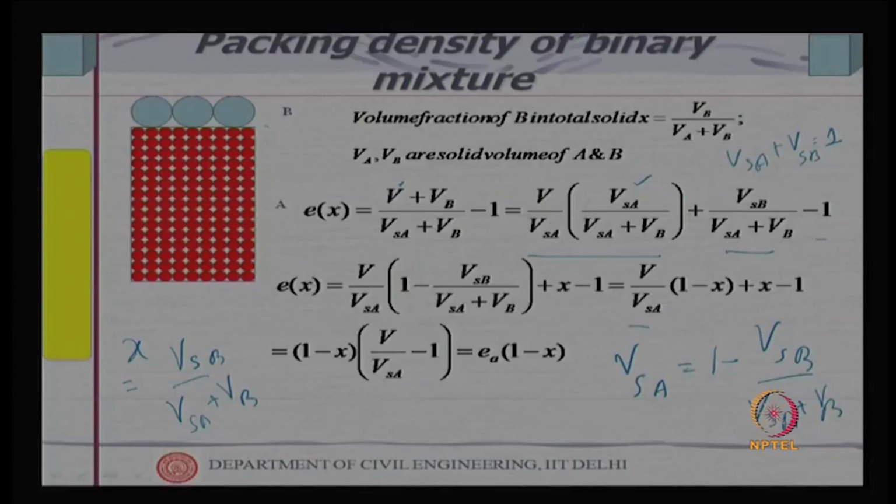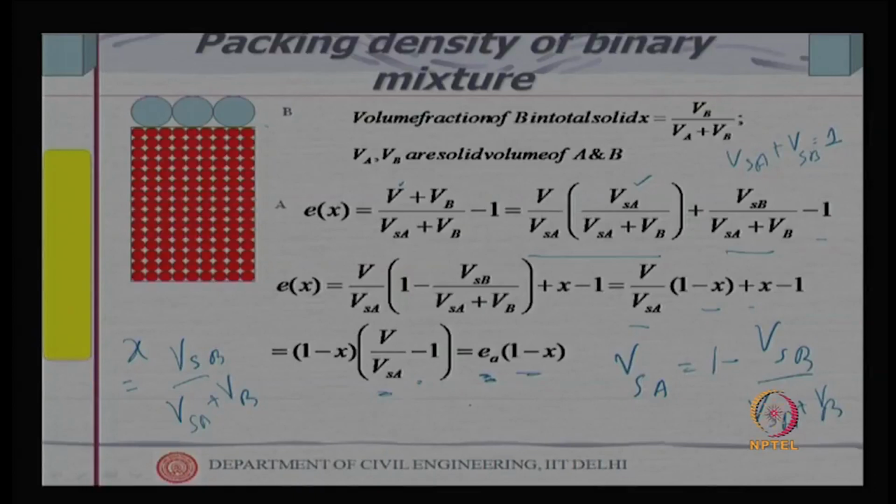So, I can write V by VSA times 1 minus x plus x minus 1, and I can take 1 minus x common. If I take 1 minus x common, I will get V by VSA minus 1. So, this is by definition EA, the void ratio of A alone.